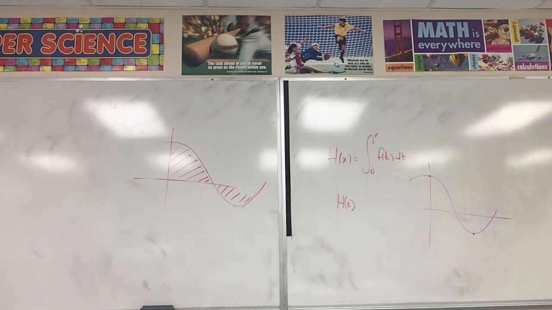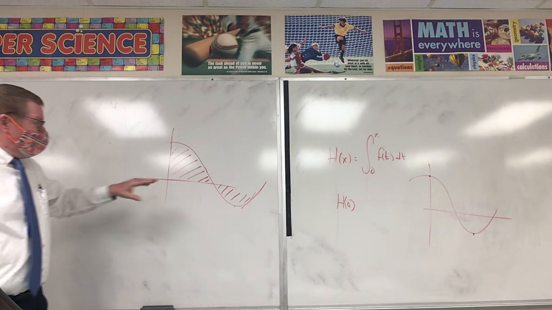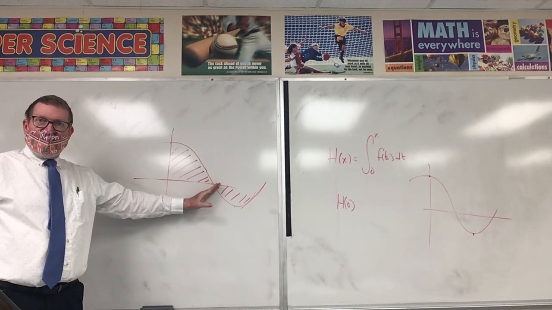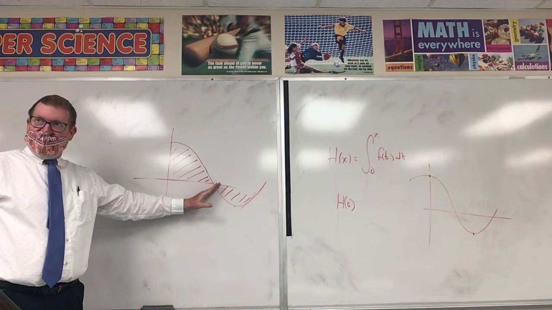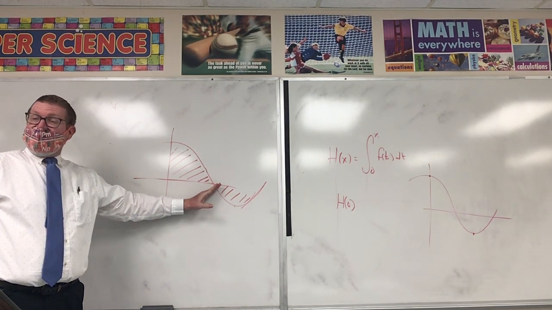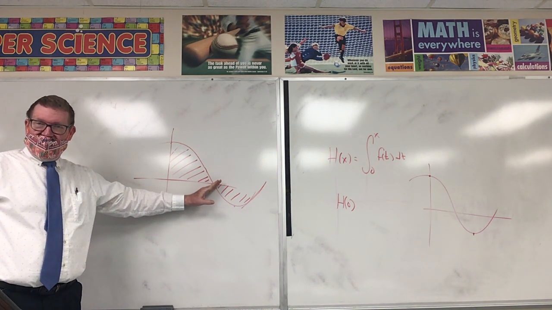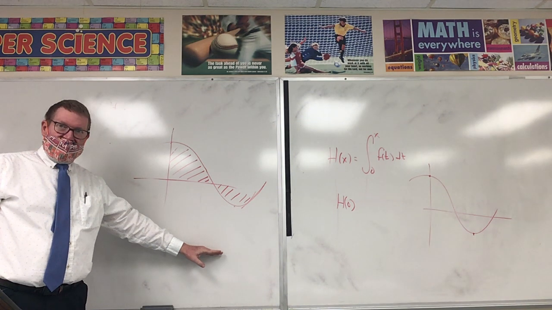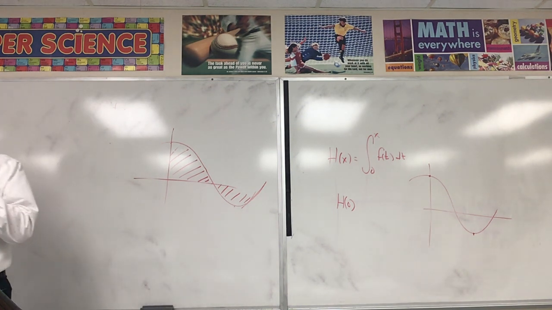At x equals 6. Because what is the function doing from 0 to 6? It's positive, so what is the function doing? Increasing. After 6, what is it doing? Decreasing. So here, where does h achieve its minimum value?